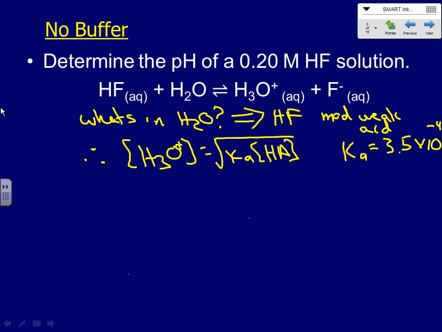As soon as I see it in the negative 4 or negative 3 region, it makes me a little nervous. Sean, what do you got? 571. The approximation is good for us, which means we can use this. We know the Ka, we know the concentration, run it through, H3O plus, pH equals.